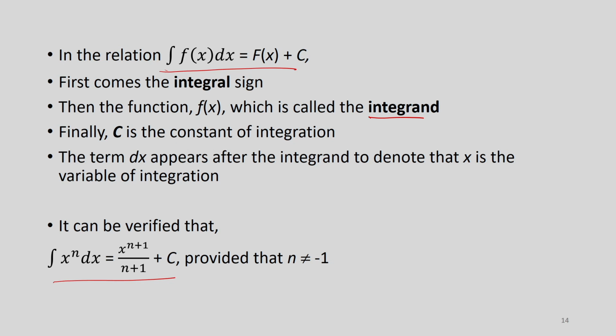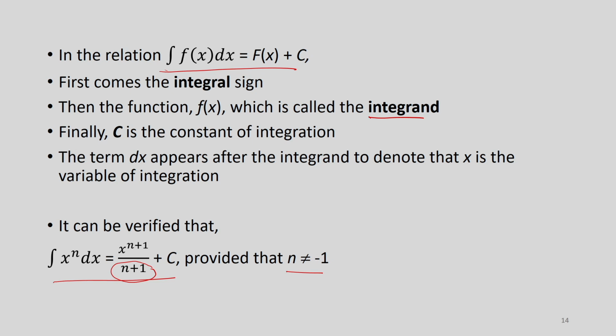However, this rule is valid if n is not equal to minus 1. The reason being, if n is equal to minus 1, then the denominator becomes 0, and so this quantity on the right hand side becomes undefined.